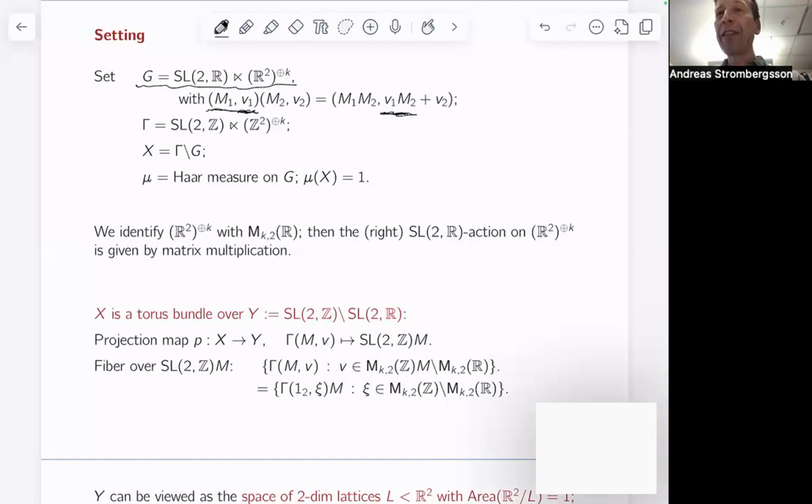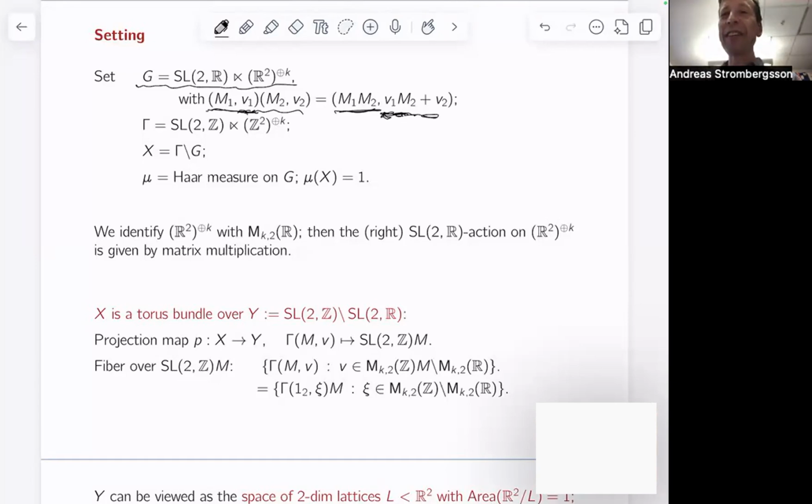And the multiplication law in this semi-direct product we take to be as follows: if I have two such elements in G, M1, V1, and M2, V2, the product is given by, well, the first entry is just the product of the matrices in SL2R, and the second entry is V1 acted upon by M2, and then plus V2. So this is the multiplication law. And this is a Lie group of dimension 3 plus 2K.